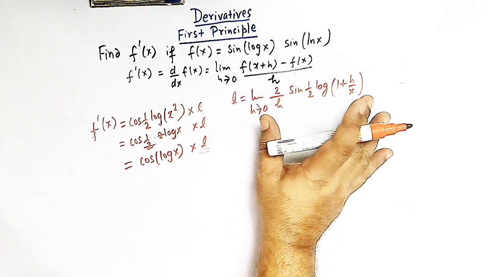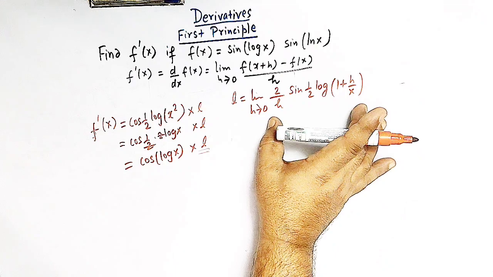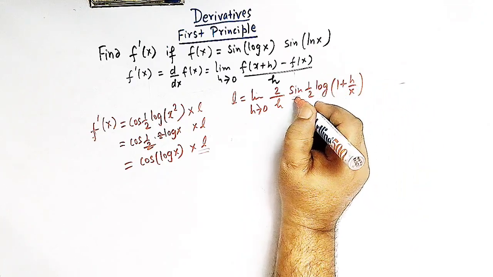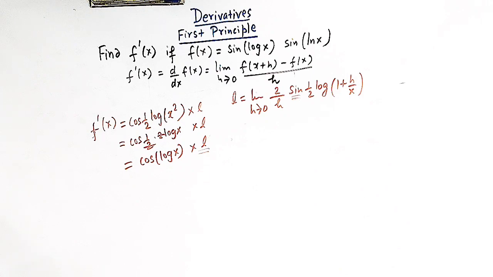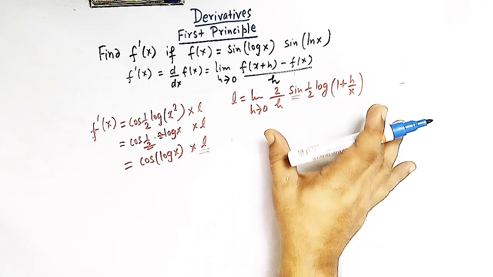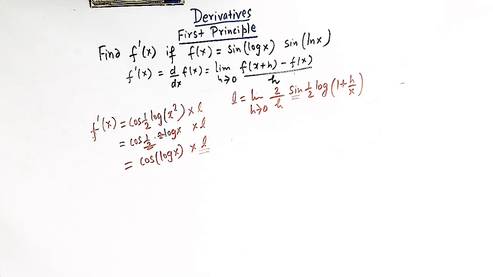So viewers, now it is very interesting to calculate the value of this limit, where we have a log term inside the sine term, right? So to find out the value of this limit, we'll make use of the method of substitution. And moreover, to get the value of this limit, we are going to use two standard results from limits.